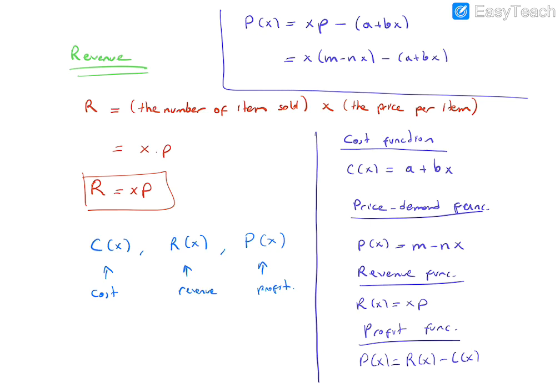So from here we will obtain a quadratic function. You will see the profit function will always be a quadratic function. Also the revenue function will be a quadratic function. So to understand all of these functions and their graphs, we will discuss the graphs of the elementary functions in the next subsection.